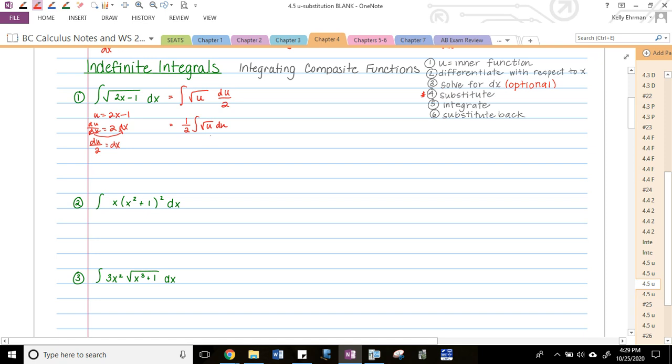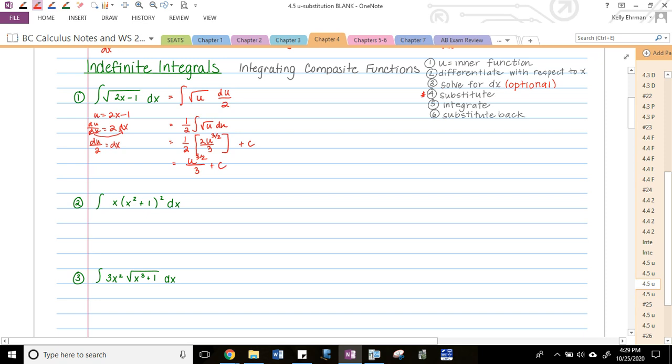So now I'm integrating a function in terms of u with respect to u, and I get 1/2 times what? Well, u to the 1/2, when you add 1, you get 3 over 2, so you're going to get u to the 3 over 2, and instead of dividing by 3 over 2, we say times 2/3, plus c. Okay, 1/2 times 2/3, so I get u to the 3 over 2 divided by 3 plus c.